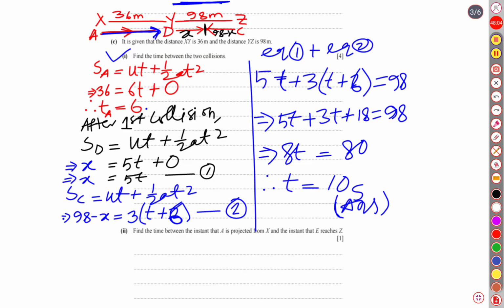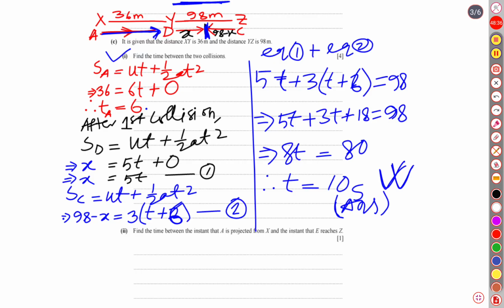And A took 6 seconds to collide the first time. So 16 minus 6 is 10. That means the time difference between the two collisions is 10 seconds. C took 10 seconds to reach this stage, X, and D also took 10 seconds to reach it, at the same moment, after the first collision.